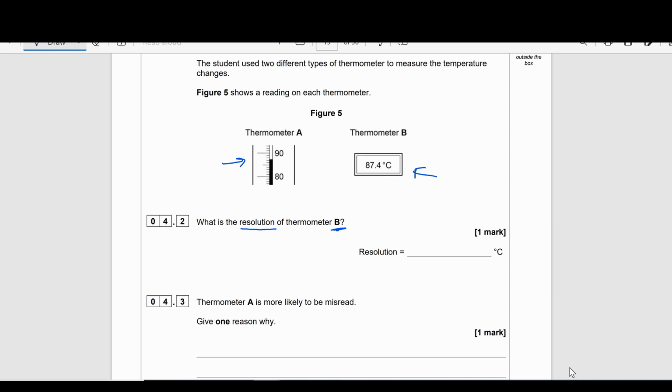Well, there's a decimal point there, so it would go up to 87.5 or down to 87.3. So what is the difference between those values? It's plus or minus 0.1. So our resolution is 0.1.